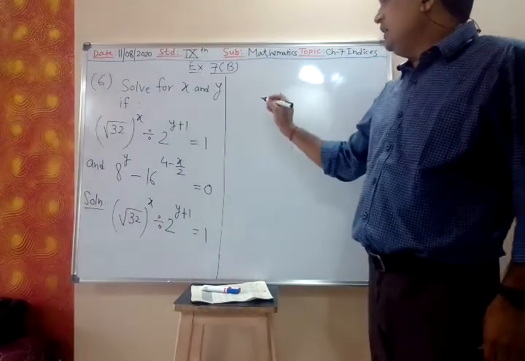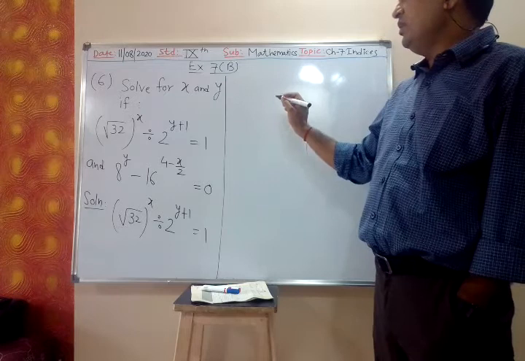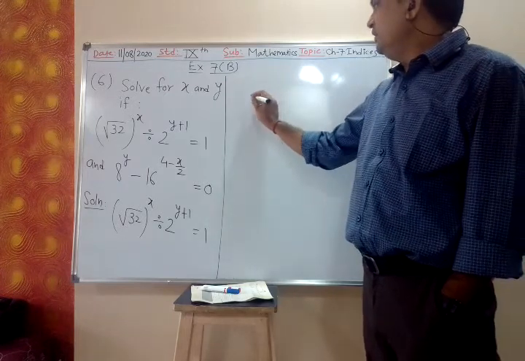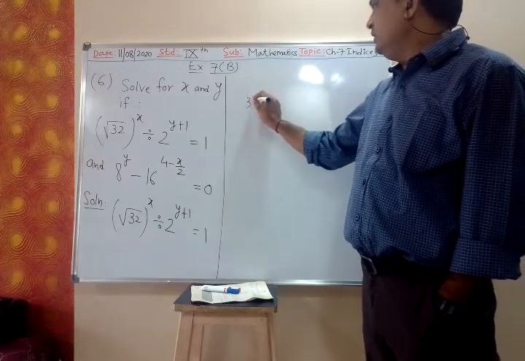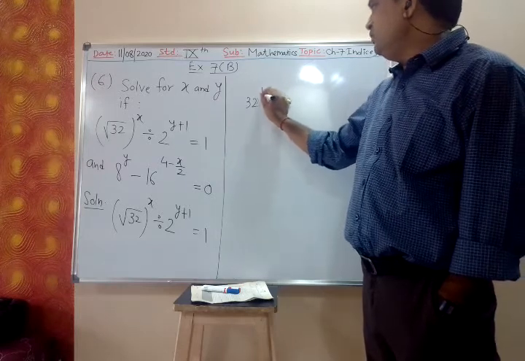Now root 32 I can write as 32 raised to half.